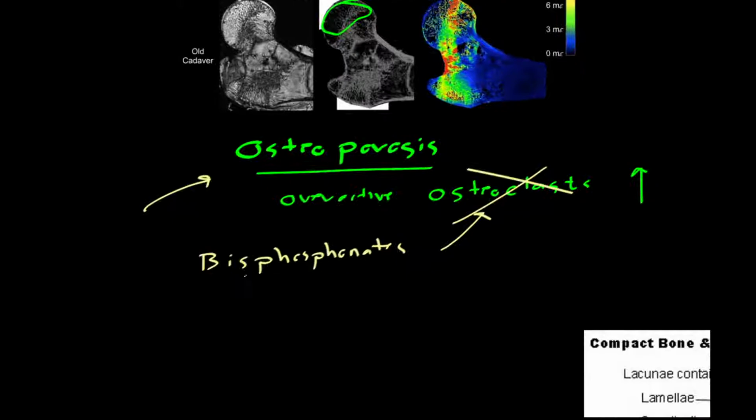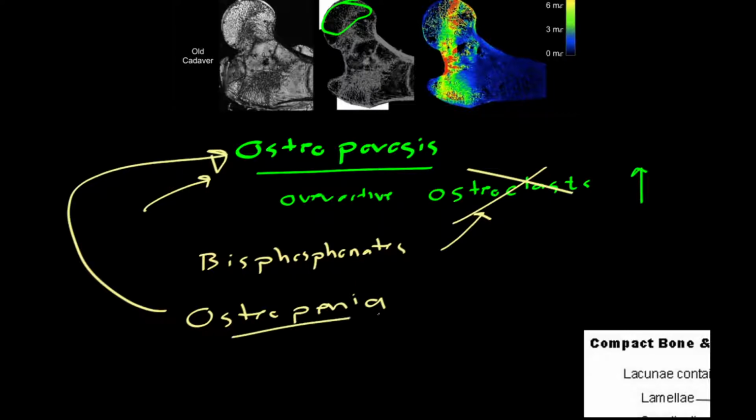Another term you might see is osteopenia, and that is just a precursor to osteoporosis. So this is like a less serious version of this. If you remember from a few weeks ago, one of the major ways this is diagnosed is with DEXA, which, by the way, has some limitations, which I alluded to earlier.